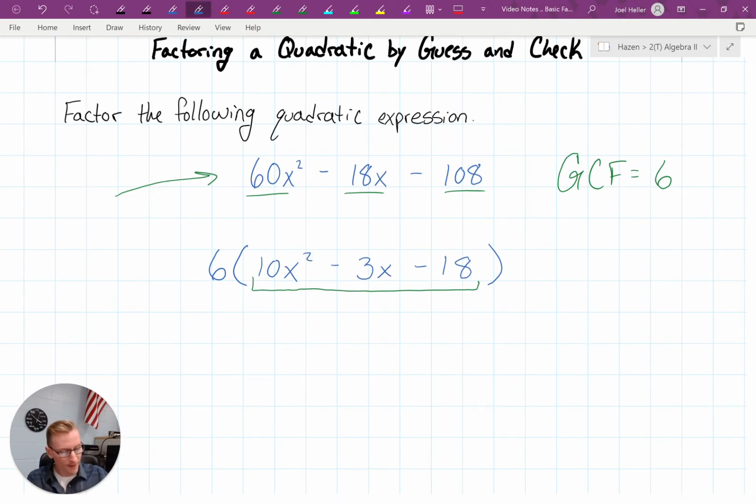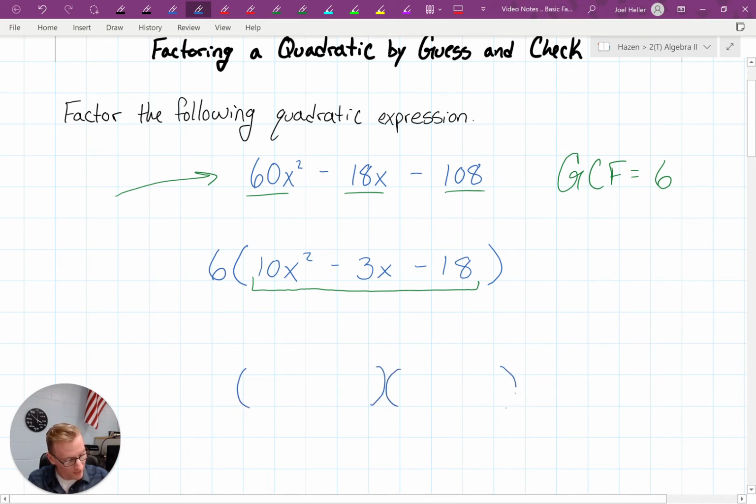Well, if I had the product of two binomials, I'd have a set of parentheses like that. The 6 would still be there. And then I would have a term here, a term here, a term here, and a term here. All I have to do if I want to go backwards is figure out what those terms are.